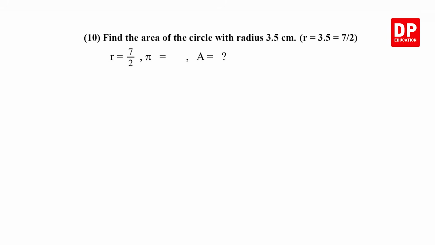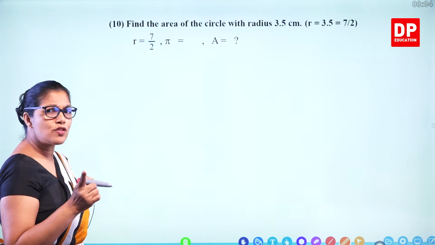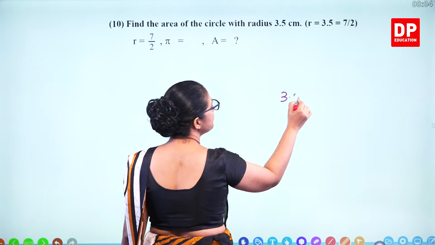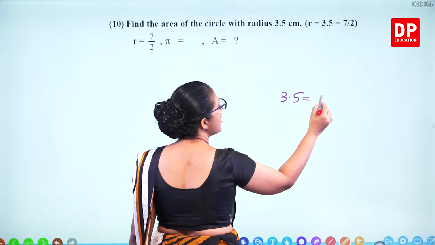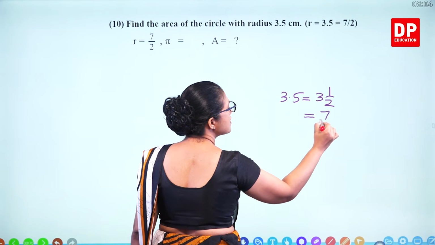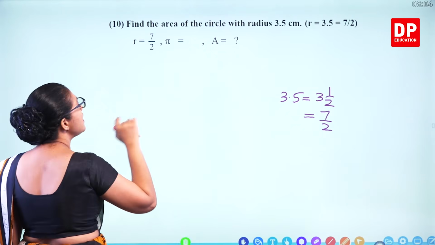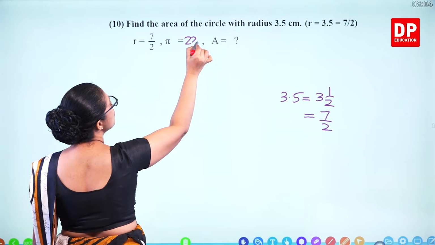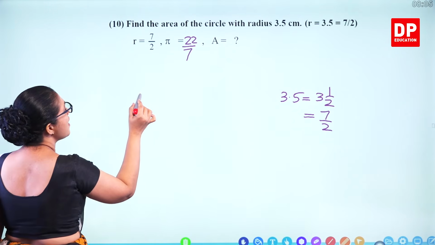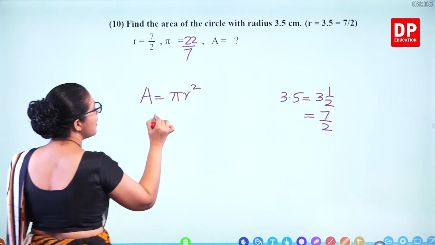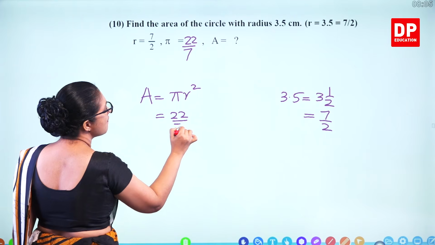Find the area of the circle with radius 3.5. You get a decimal. It's easy to convert to a fraction and write. What is 3.5? You can write 3.5, or as an improper fraction, you get 7/2. So it's easy to substitute 7/2. Pi will take 22/7. So what's the area? Pi r square. Pi is 22/7.